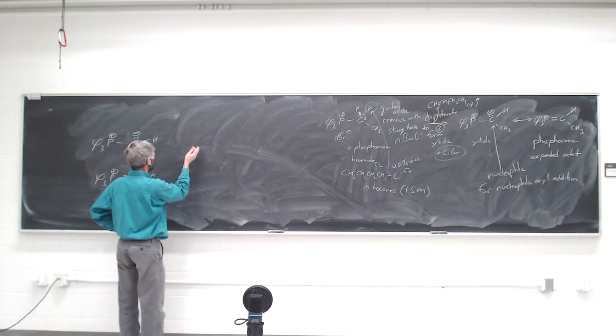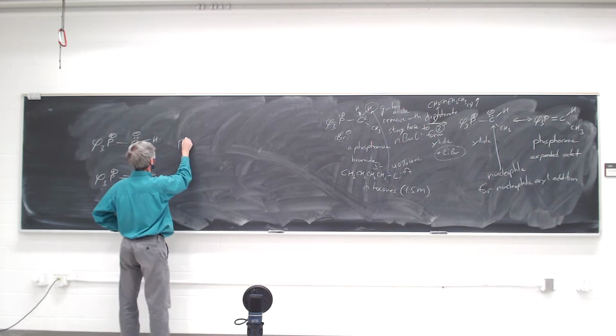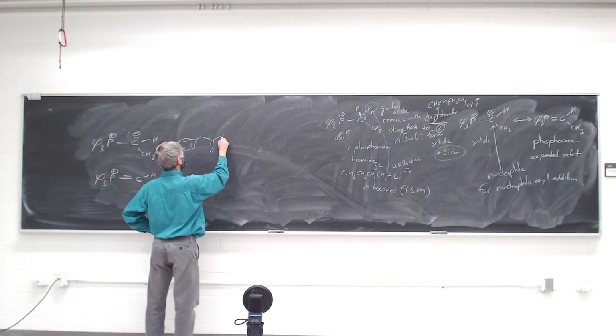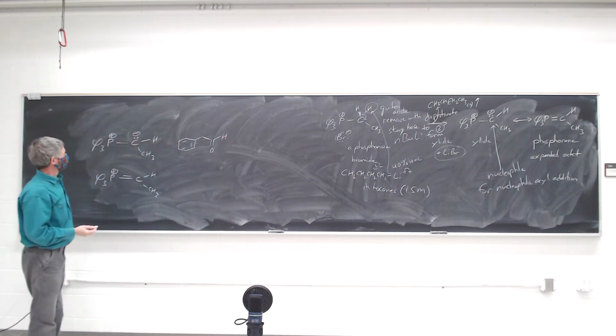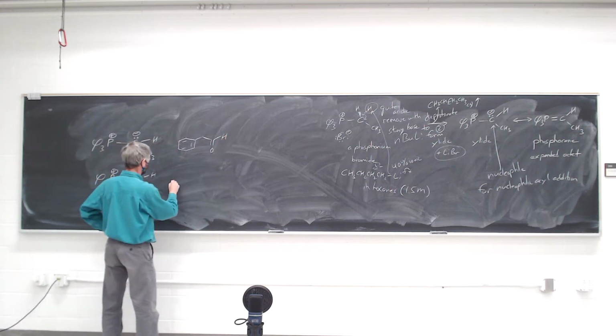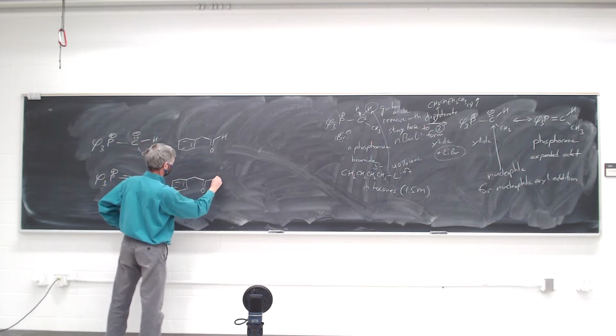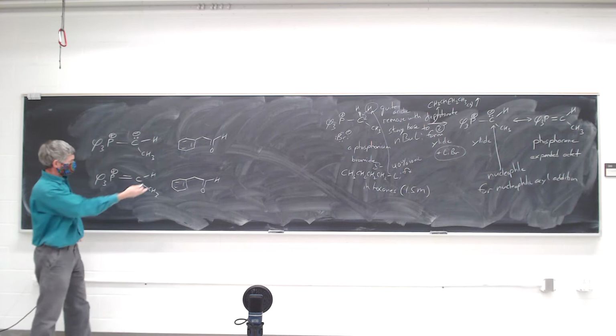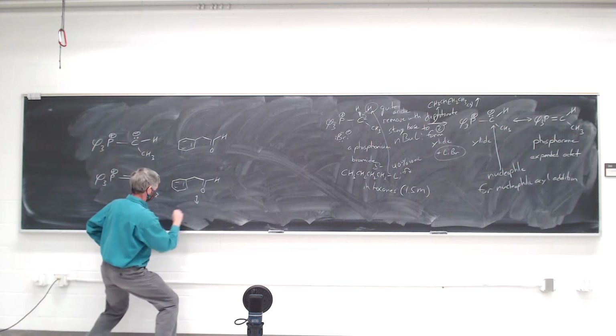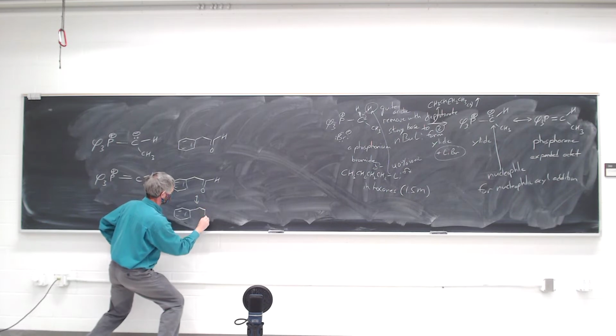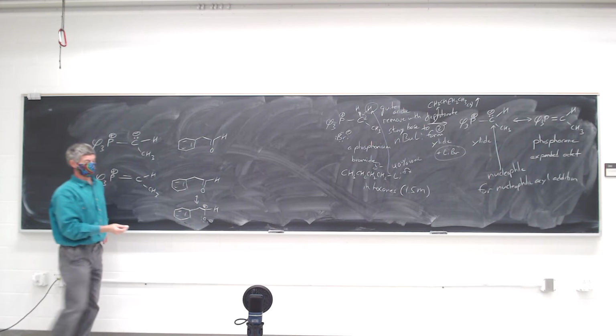This is going to add to a carbonyl compound. Let's use that aldehyde from chapter 18. And again, the minor resonance structure of the carbonyl compound tells you where the electrophile is.